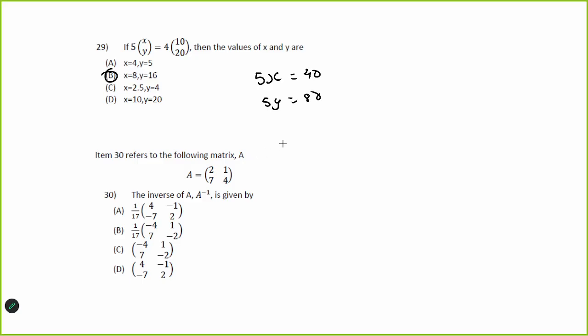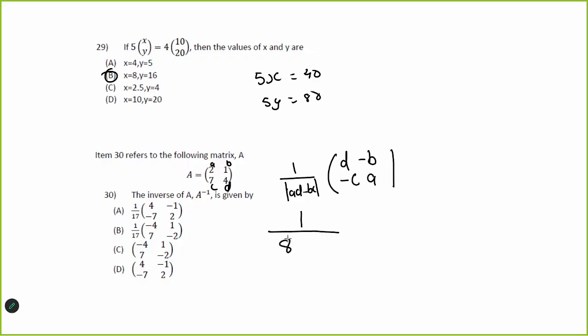The inverse, now this is a formula that you have to remember, 1 over your determinant, AD minus BC, times D on top here, A at the bottom here, minus B, minus C. So this is the position of A, B, C, D. That will be 1 over AD, which is 7 times 4 is 28 minus BC.